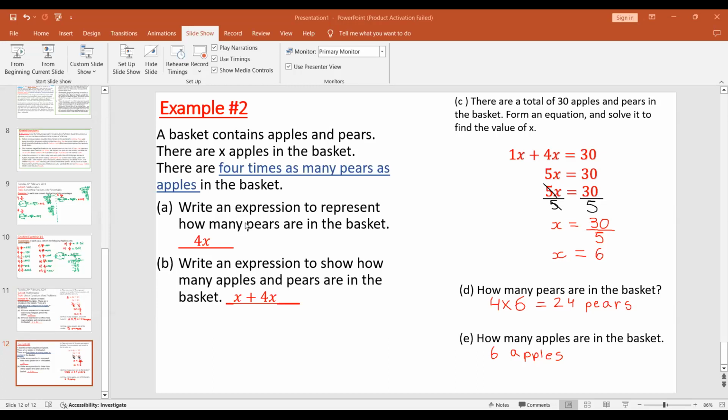Because our statement said there are 4 times as many pears as apples, and we know that x is apples, we put 4 times x, x representing apples.